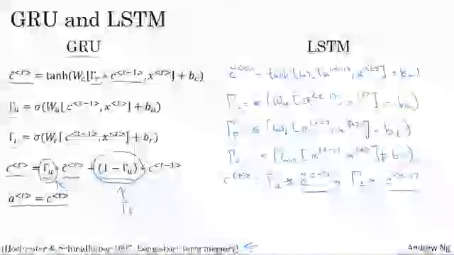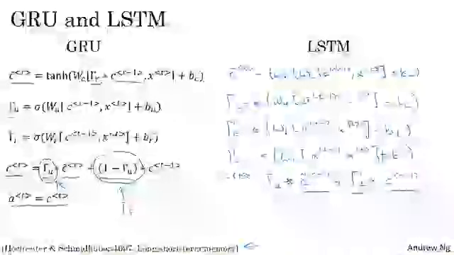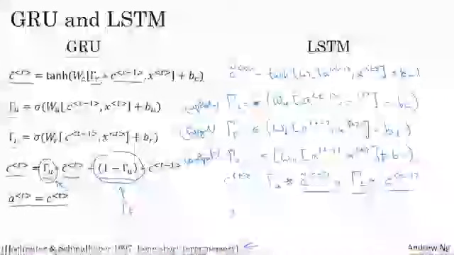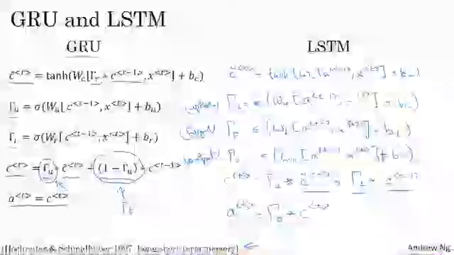So we use separate update and forget gates. So this stands for update, forget, and output gates. And then finally, instead of a_t equals c_t, a_t is going to equal the output gate, element-wise multiplied with c_t. So these are the equations that govern the LSTM.